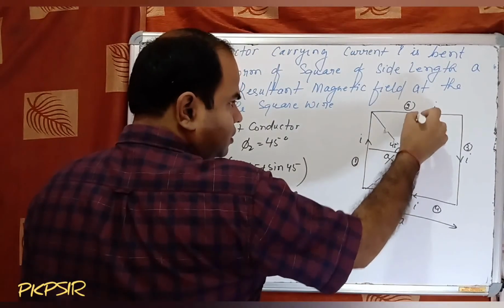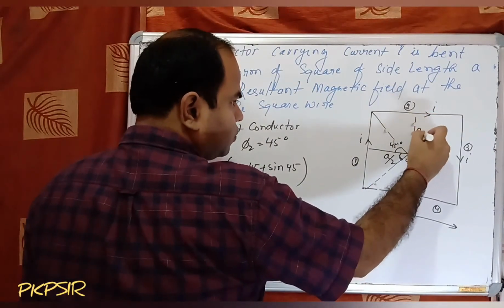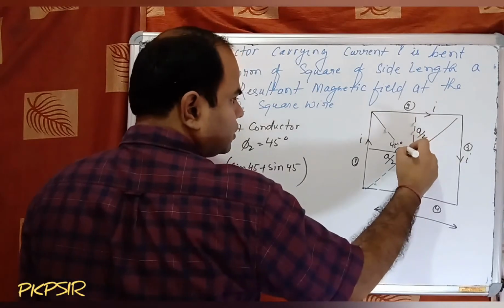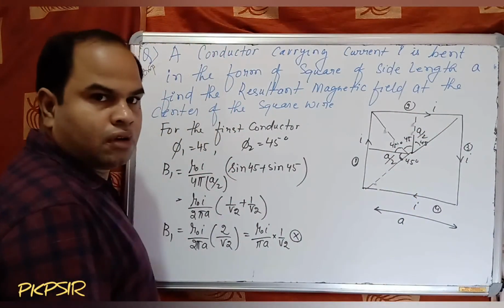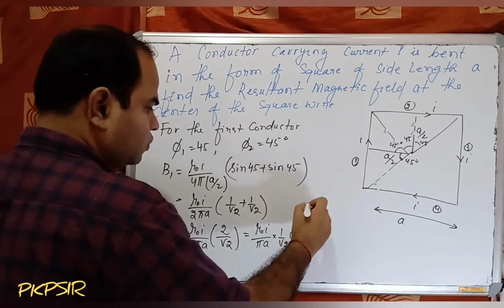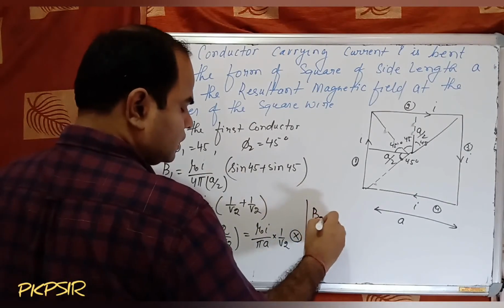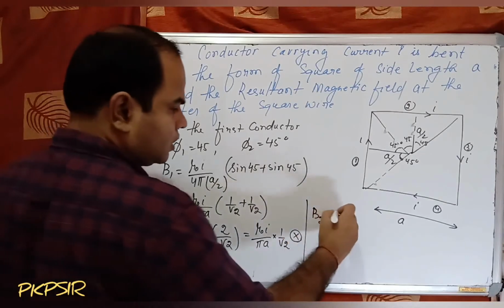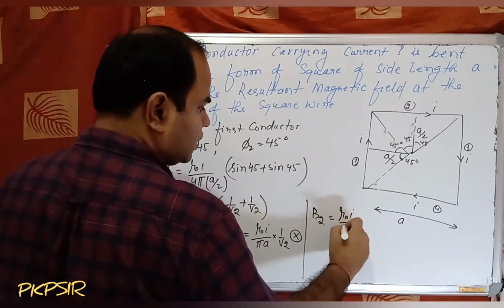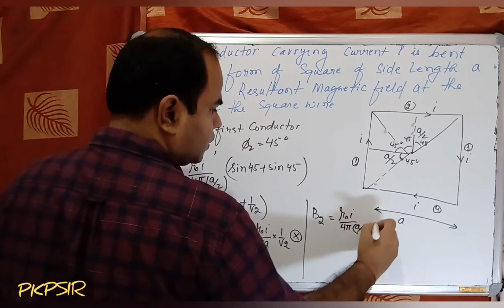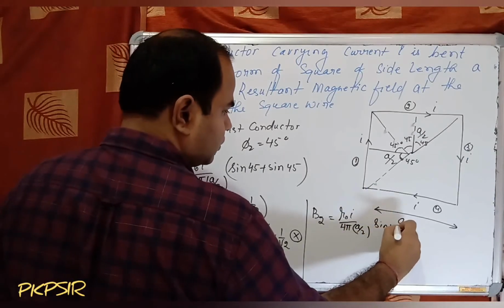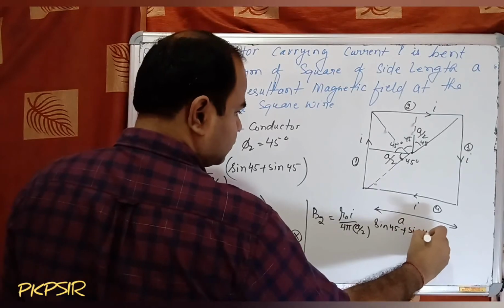Okay. For the second conductor, same thing. The distance is A by 2 and the angles are 45 and 45. So B2 will be mu naught I by 4 pi, distance A by 2, sine 45 plus sine 45.